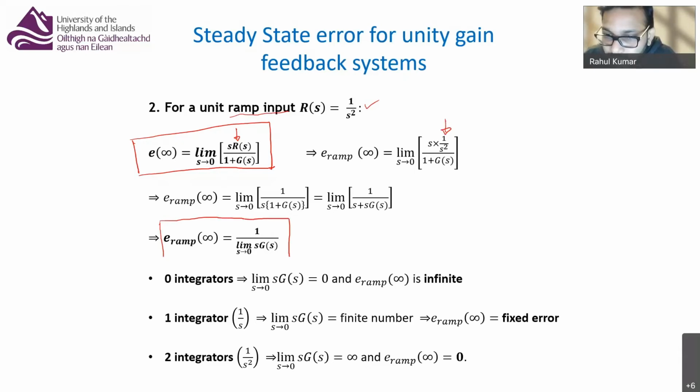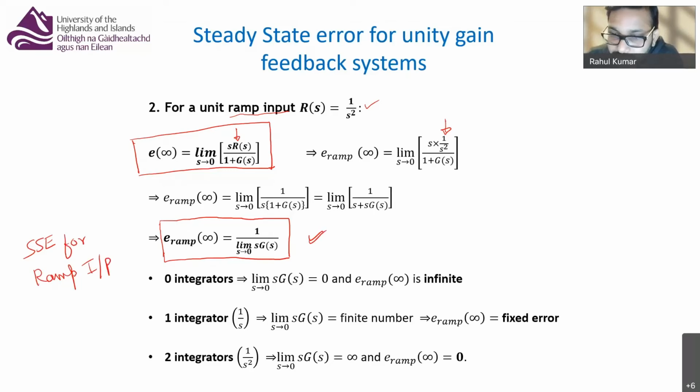So steady state error for ramp input is given by this formula, which is 1 divided by limit s tending to 0 of s multiplied by g of s.